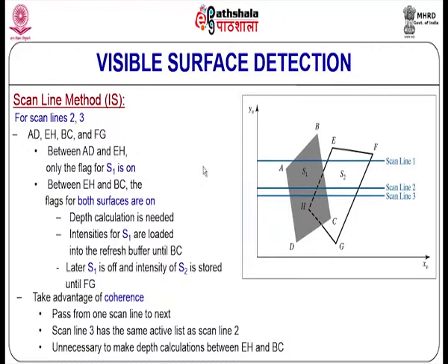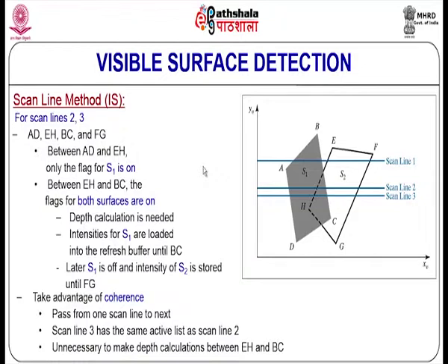For 2 and 3, we also need to look for the combined color, because for scan lines 2 and 3 there is an overlap. They are going across an overlapping region, between the EH and BC edges. For the overlapping region on scan line 2, we need to combine the colors of both surfaces S1 and S2 and give a combined color there.